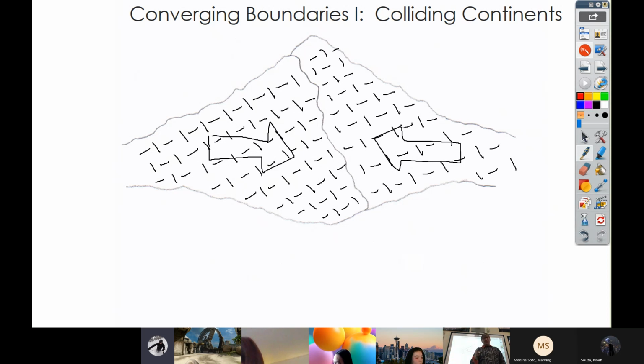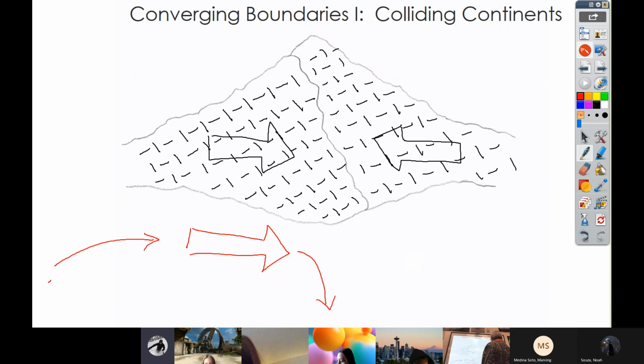Like I said, if you hear that question with plate tectonics, your answer is going to be convection currents are bringing them together. So we have convection currents coming up here and then crashing into each other. This is where the magma has cooled off and is sinking again.